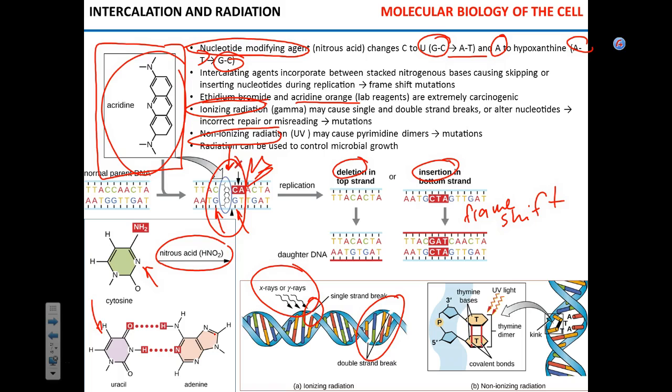Does that make sense? A single strand break can be repaired fairly easily, as you can imagine, because you still have a backup right here. So this break will distort the structure of the double helix, special enzymes will detect the distortion and they will remove the damaged part and will replace it with the proper.